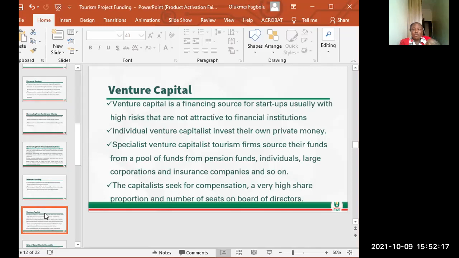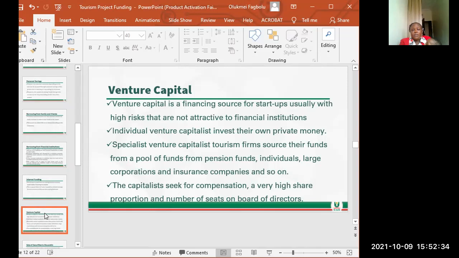Are we not going to be in trouble? Are we not going to be in a mess? They might turn down that request of yours. So another option for you might be to look into venture capital.